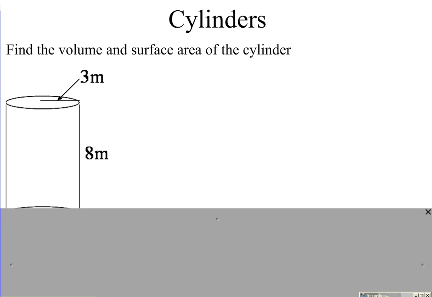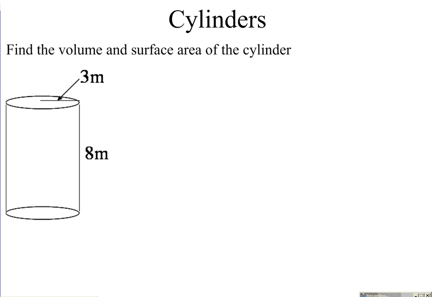Cylinder. Volume of a cylinder, pi r squared h. Once you know the formula, it's just a matter of plugging in what you're given. Radius is 3. Height is 8.